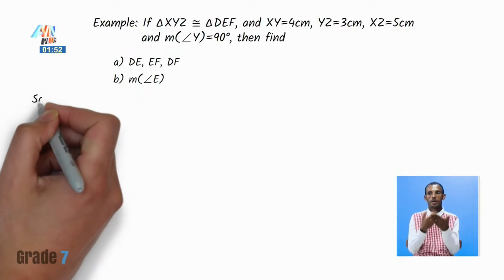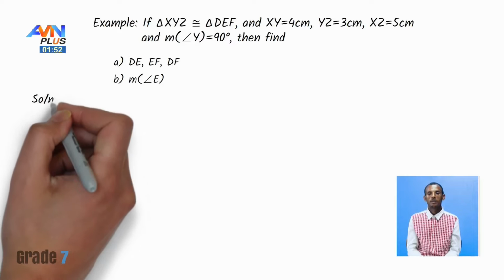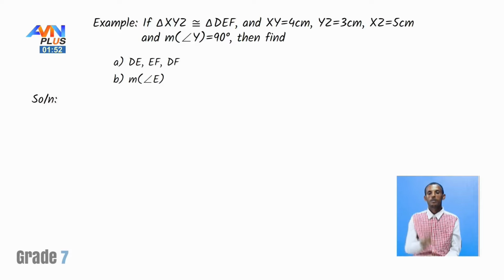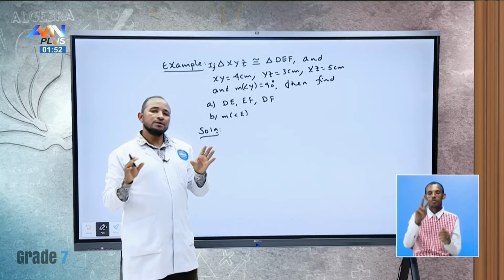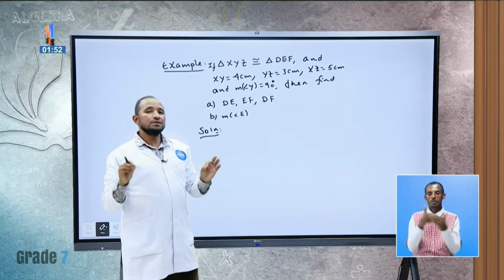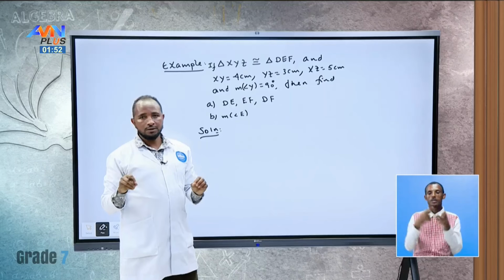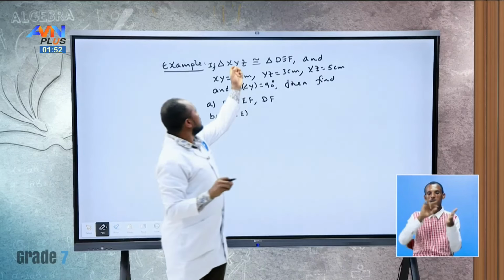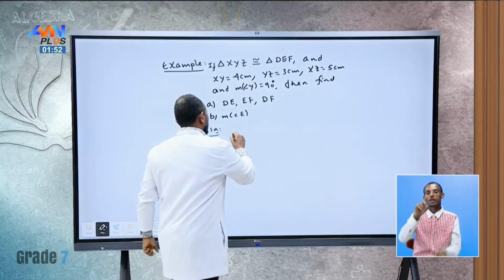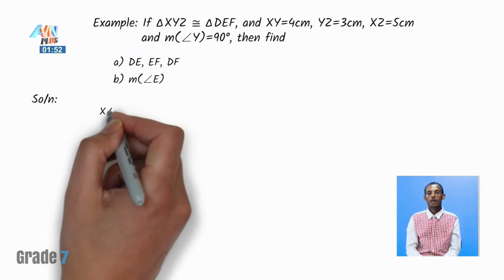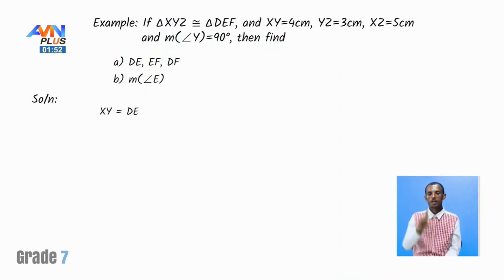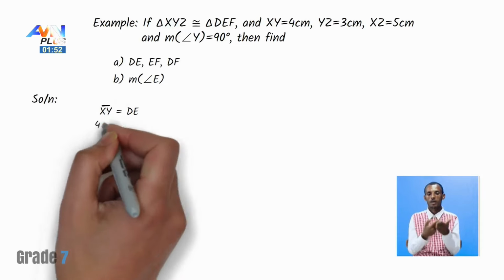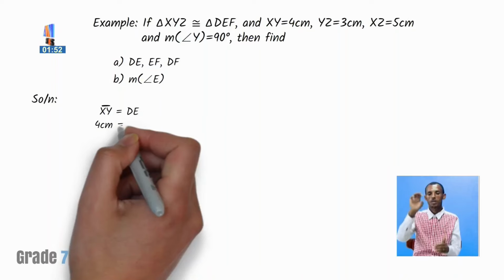Here, the two triangles are congruent. If the two triangles are congruent, the corresponding 6 parts of these triangles are congruent. That means the length XY must be congruent to DE. XY is given to be 4 centimeters.